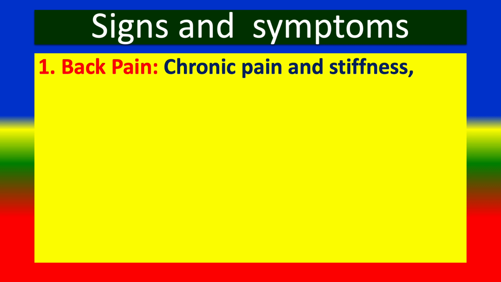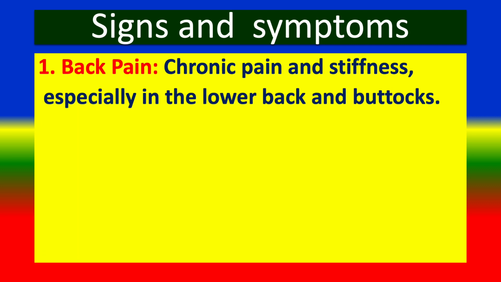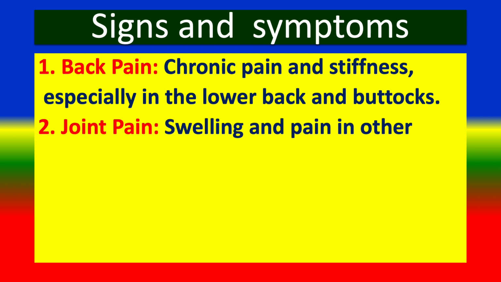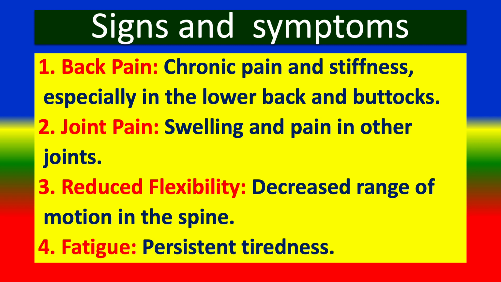Signs and symptoms. 1. Back pain, chronic pain and stiffness, especially in the lower back and buttocks. 2. Joint pain, swelling and pain in other joints. 3. Reduced flexibility, decreased range of motion in the spine. 4.